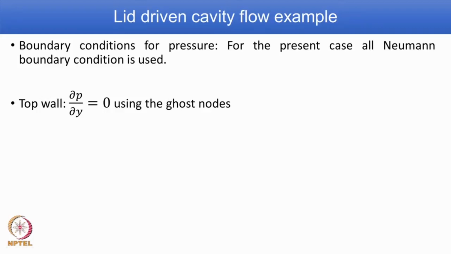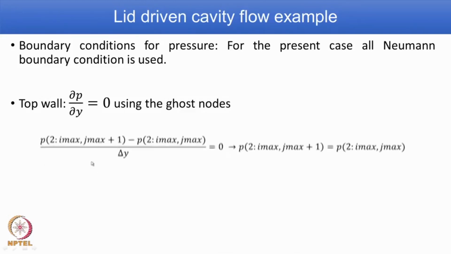Similarly, for the top wall, dou p by dou y equal to 0, again a similar arrangement, only thing you have to now pay attention to j value. So, it is j max plus 1, which is above the top wall, and j max, which is just below the top wall, divided by delta y.